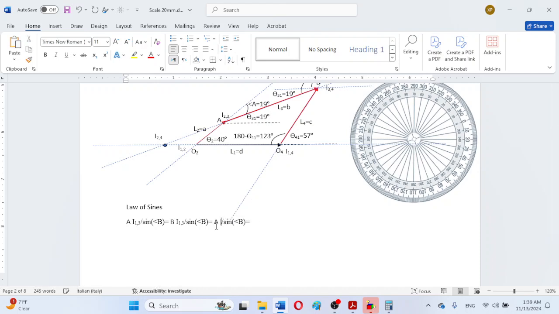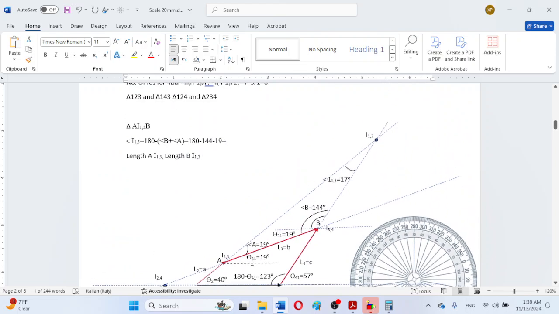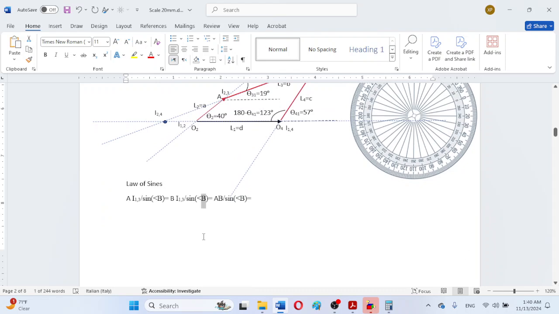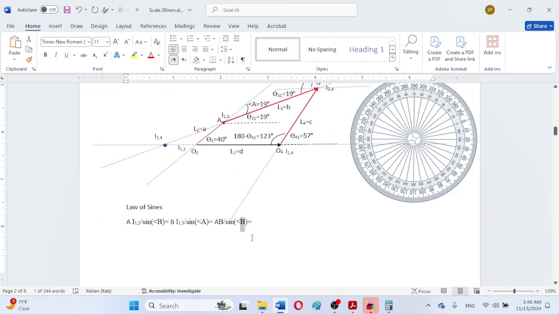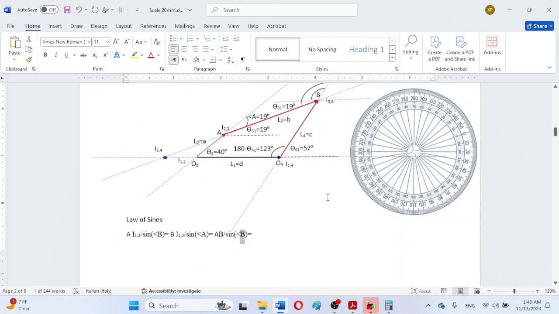Here will be AB, and in B I1,3, the opposite angle is the angle at A. So type the angle at A here, and here we will be typing the sine of the angle, because the opposite angle of side AB is I1,3.